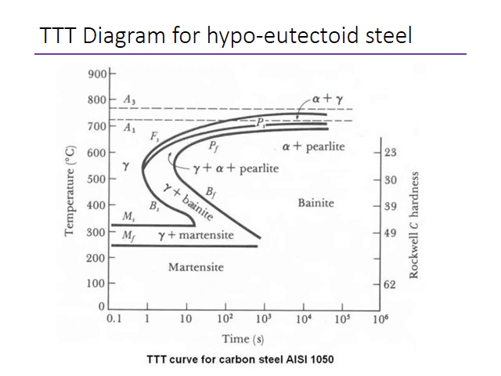So if you are quenching to 650 Celsius and you wait for this amount of time, you will see that some primary ferrite will start to appear, to be transformed.